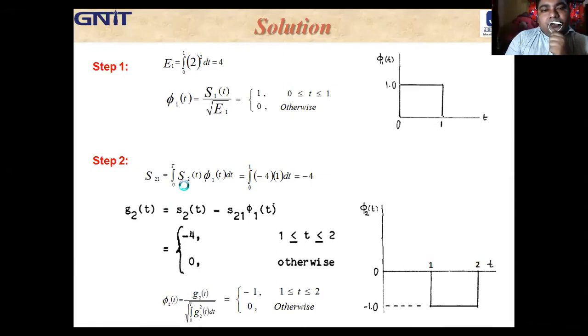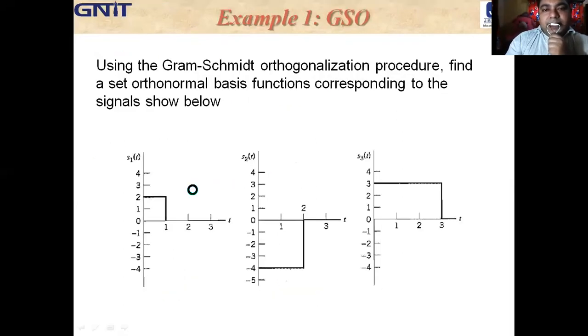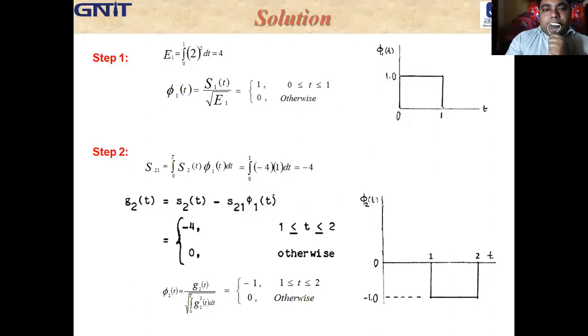Now the amplitude of s2(t) is minus 4, and phi 1(t) exists for 0 to 1. So the integration limit is 0 to 1, minus 4 times phi 1(t), which is 1, and in that case s21 is minus 4.